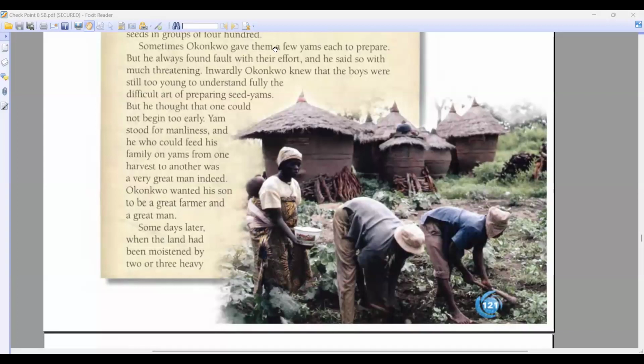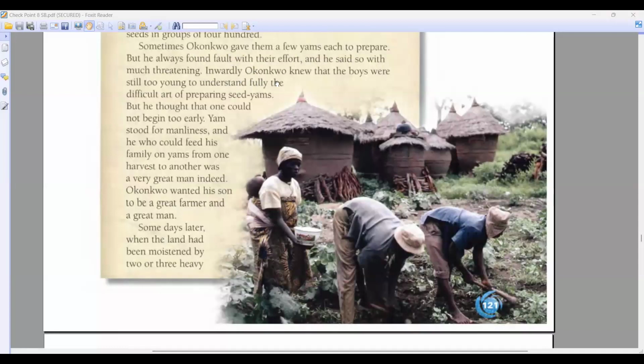Okonkwo gave them a few yams each to prepare, but he always found fault with their effort. So it means that his sons were not good at choosing yams. They were not that skillful, and he said so with much threatening.